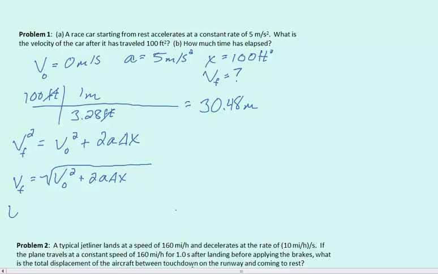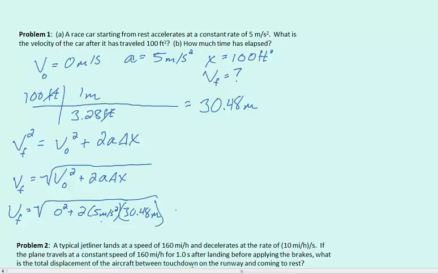If we plug in the values for our variables, our initial velocity was equal to 0, plus 2 times our acceleration of 5 meters per second squared times our change in displacement of 30.48 meters.